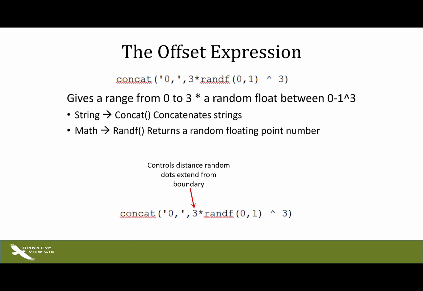So here we're entering an expression for the offset, meaning we're going to be moving them off that polygon edge, anywhere between 0 and 3 times a random floating point number between 0 and 1 to the 3rd power. So it basically creates a very small random number that you're using as the offset. And randf is the function for creating a random floating point number.